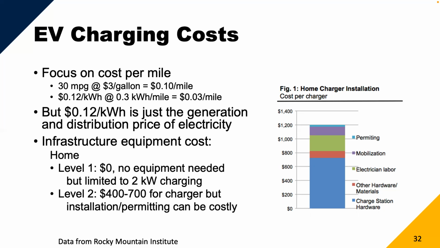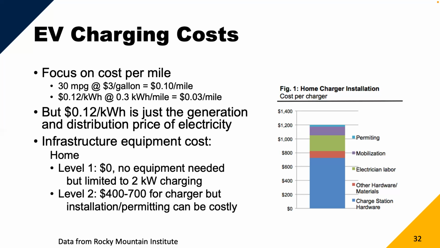In California, you're probably looking more at 21 cents per kilowatt hour. That's the price of electricity. But then, as we were mentioning, this is the cost of a home charger installation on average.